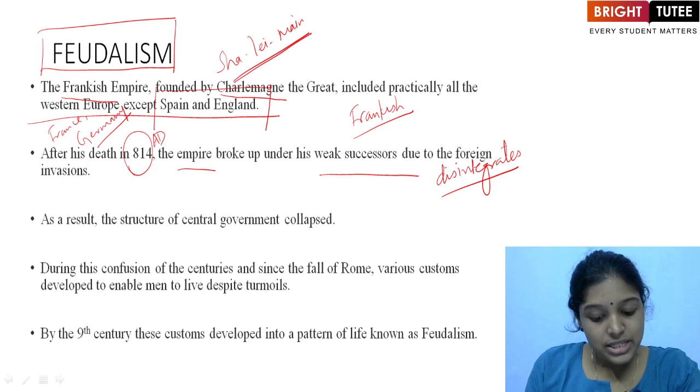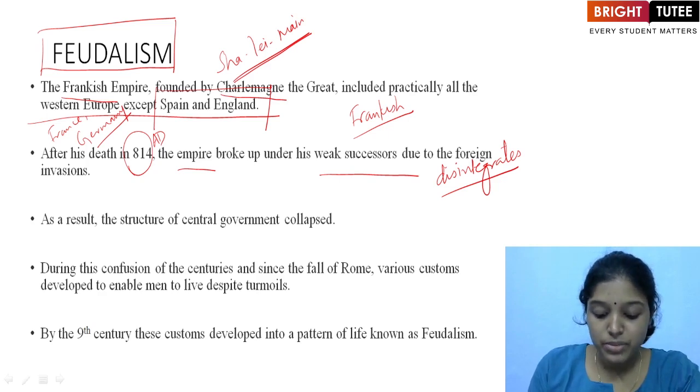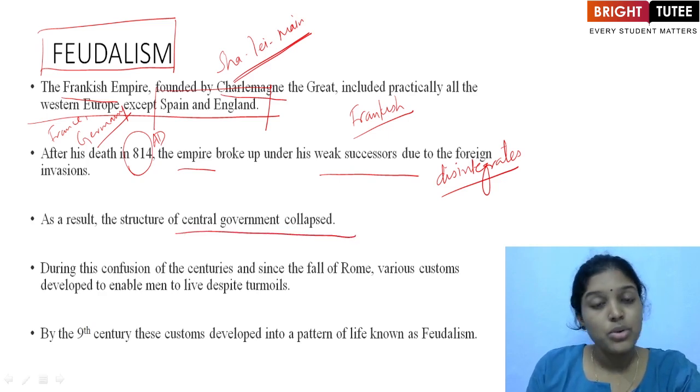And as a result, the structure of central government collapsed. So as a consequence of all these political changes, the central government, which was initially in the hands of Charlemagne, who functioned as the supreme authority, now collapses.